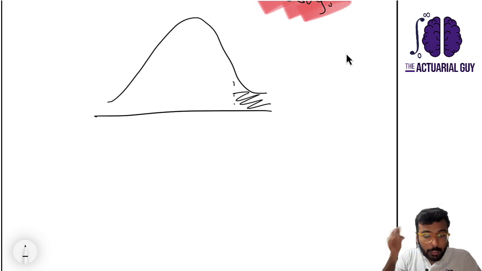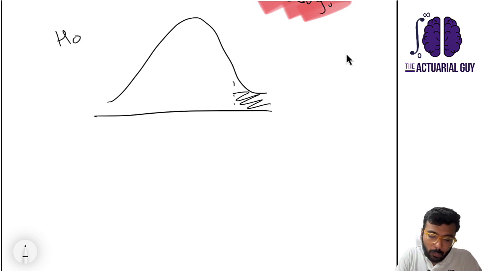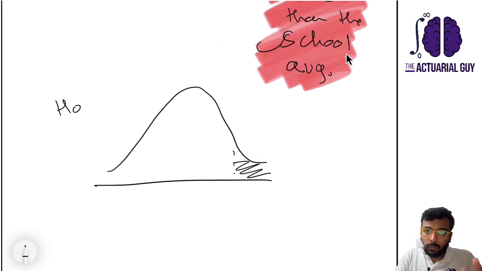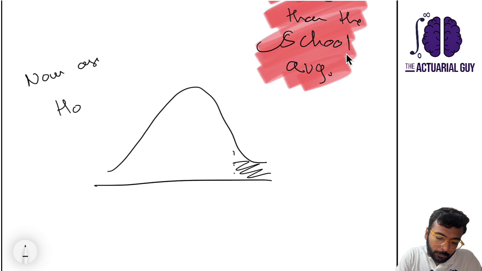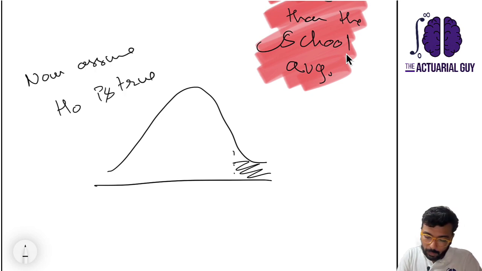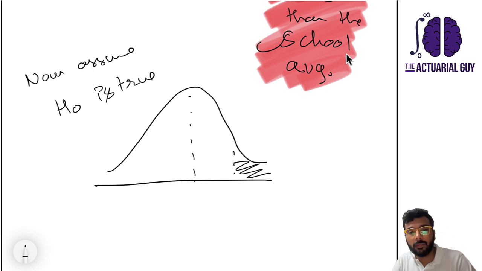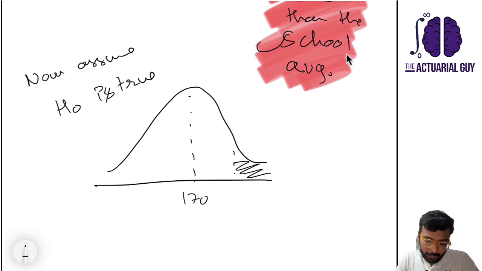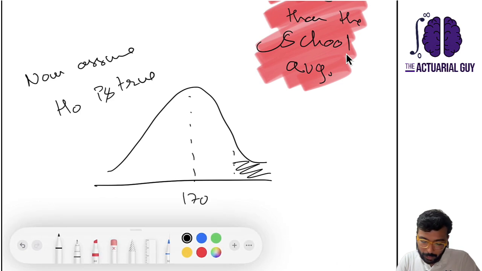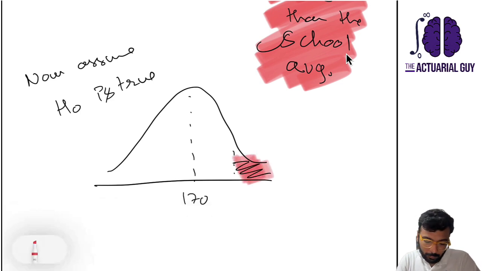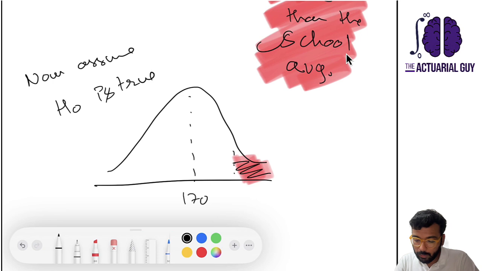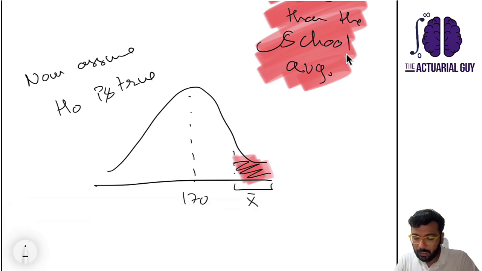So this is your normal distribution, and now, in order to formalize this test, what we do is assume H naught is true. So this is what your normal distribution can look like, where your mean is here, right? So what is the probability that you ended up picking this sample where the average is 190 or more?